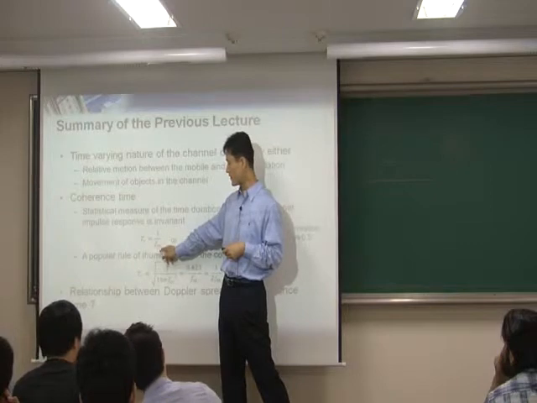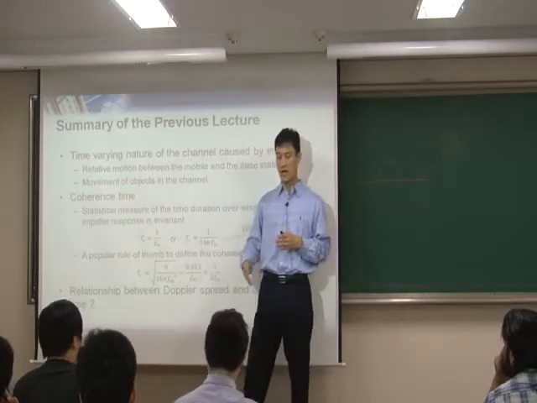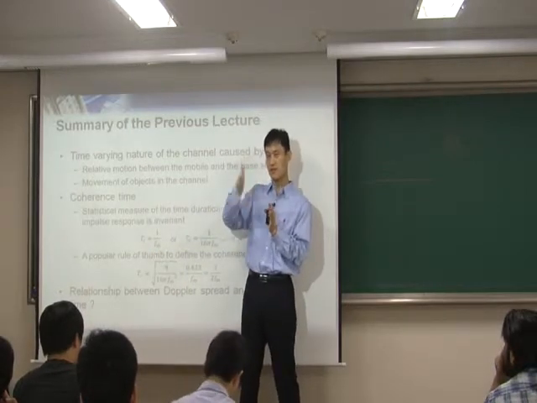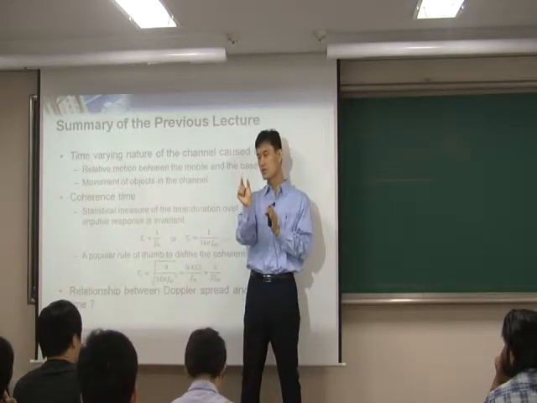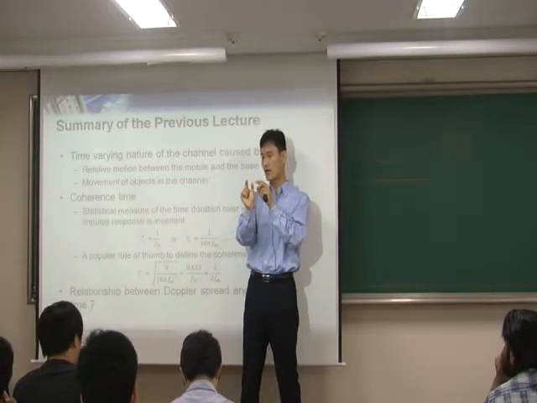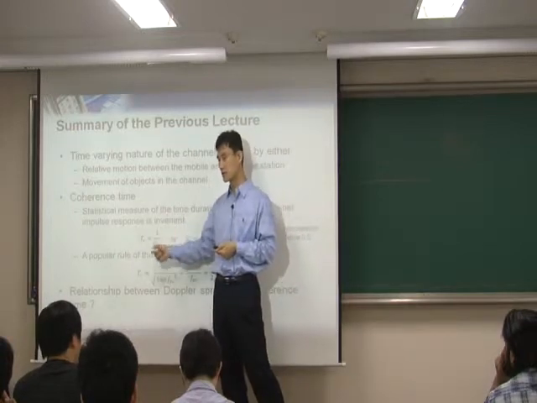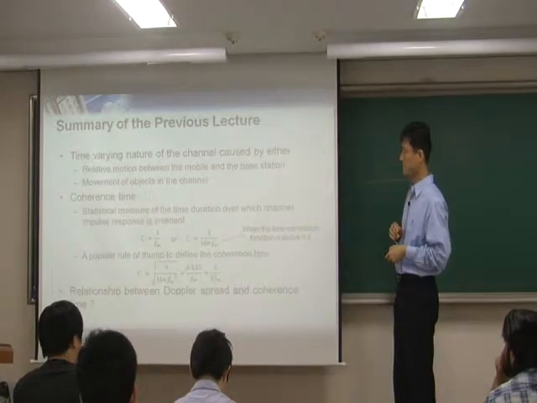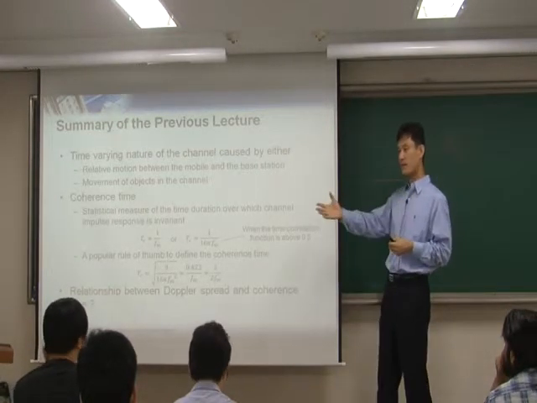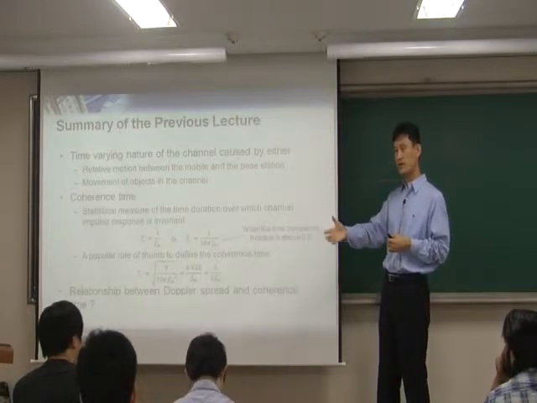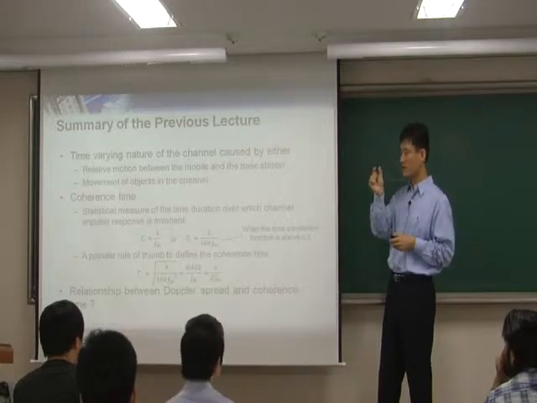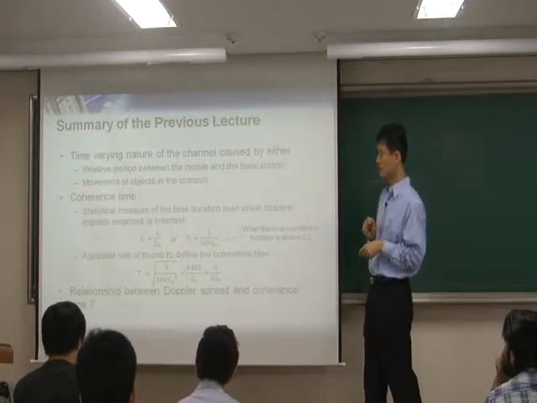Let's say your Doppler frequency is very large because of high mobility. Then you have much faster fluctuation. Okay? So the time duration where the channel can be considered flat is pretty short. So that's inversely proportional. So simply speaking, when you have high mobility, that means high Doppler, that means the channel is fluctuating much faster. Therefore, coherence time is very small.